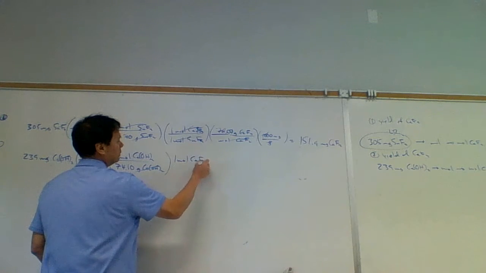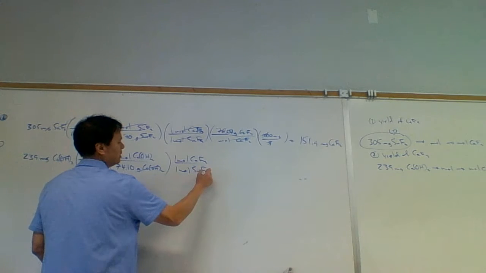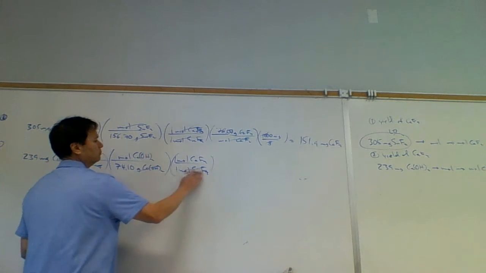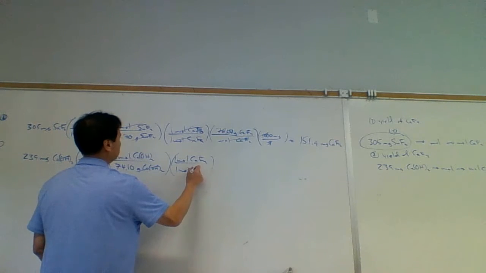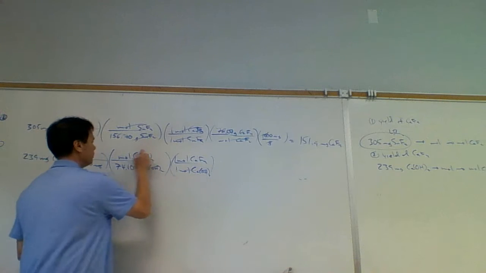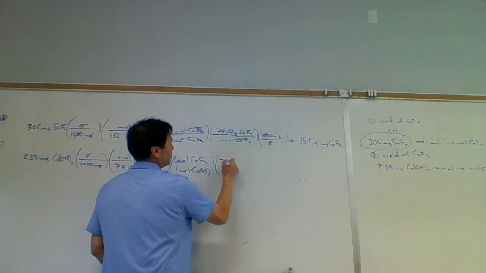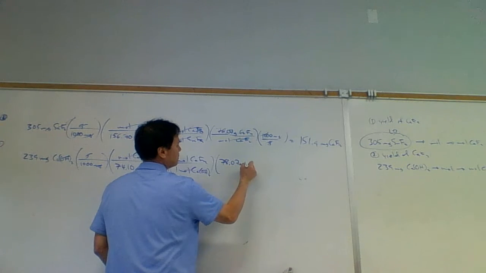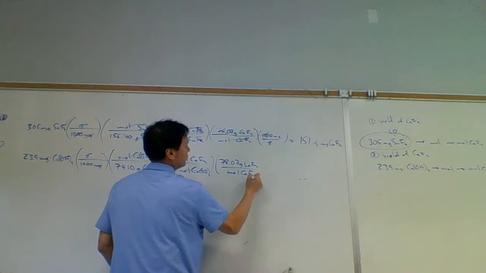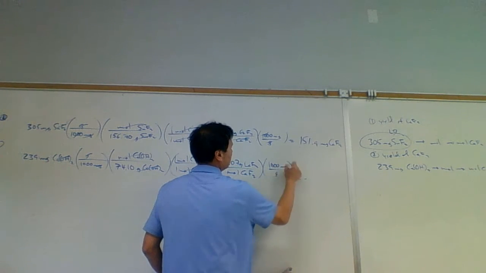So even though they're 1-to-1, we still have to put this in here, otherwise it doesn't cancel. Make sure everything cancels. 78.07 grams of calcium fluoride per mole of calcium fluoride, and 1,000 milligrams per gram.